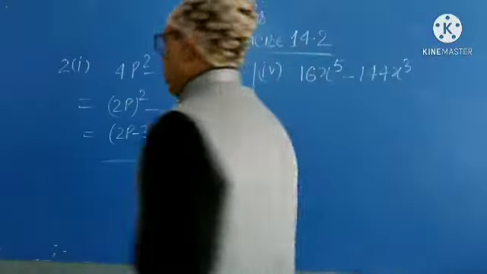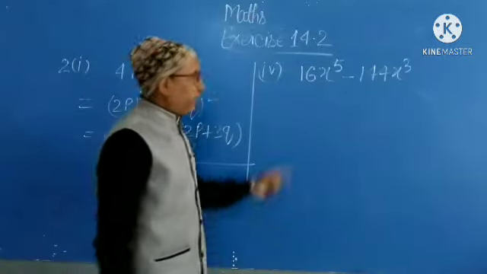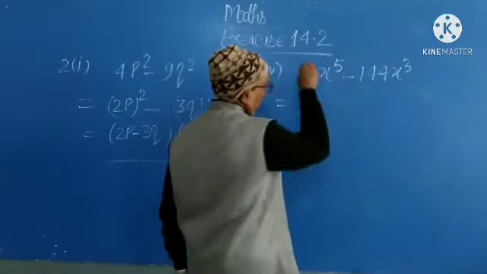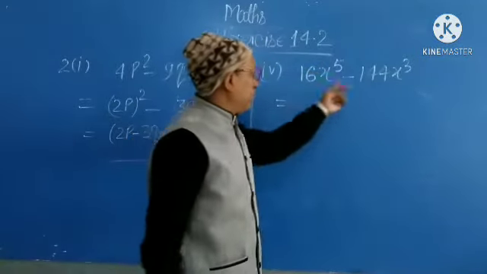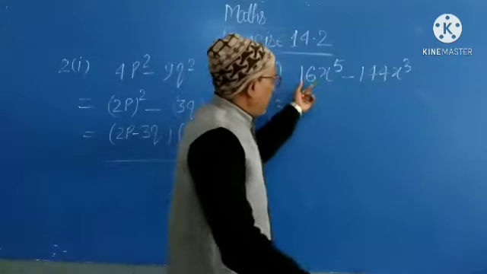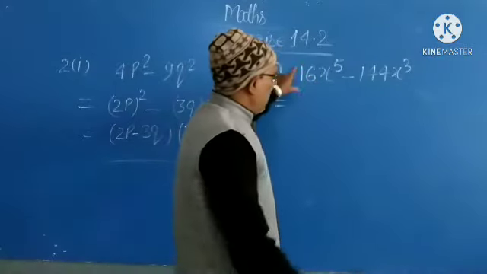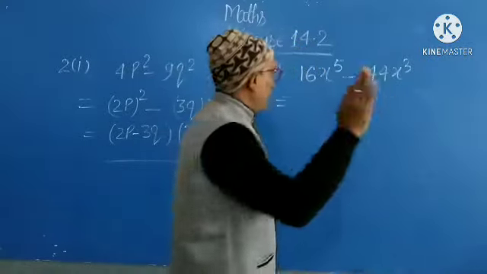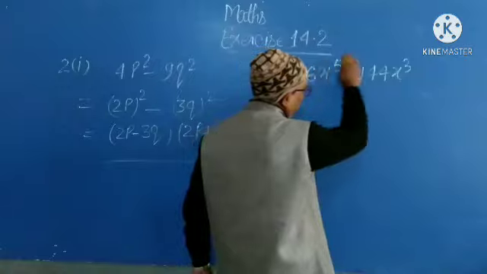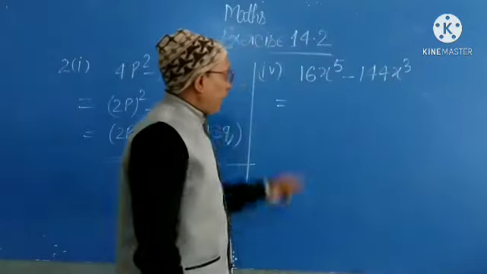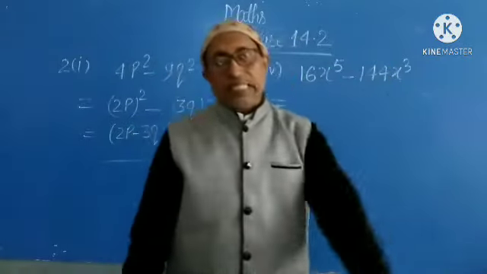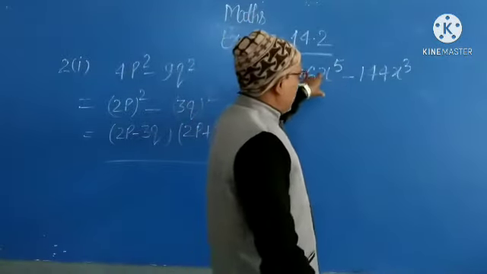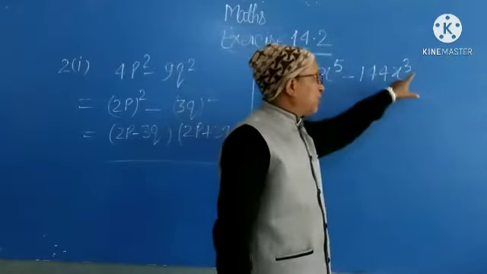First of all, you take common from these two terms. 12 is the highest common factor of these two numbers, 12x cube, because both terms are divisible by 12x cube. In the numbers, this is divisible by 12 and this is also divisible by 12. Both numbers' highest common factor is 12, and in the literal here is x to power 5 and here is x to power 3.